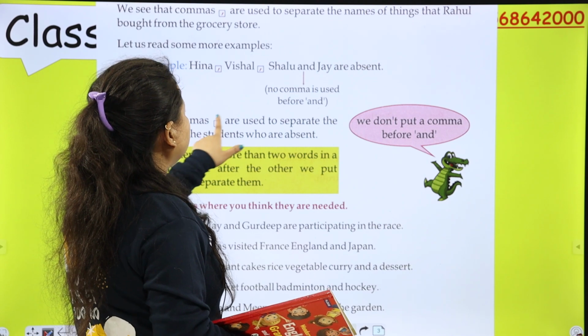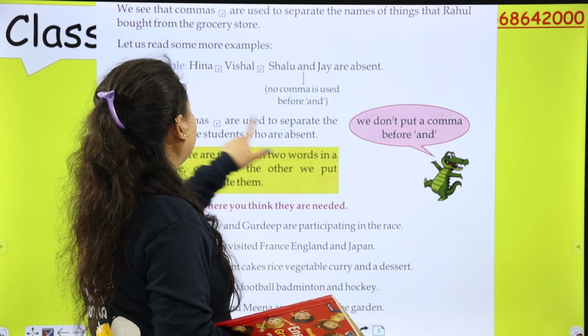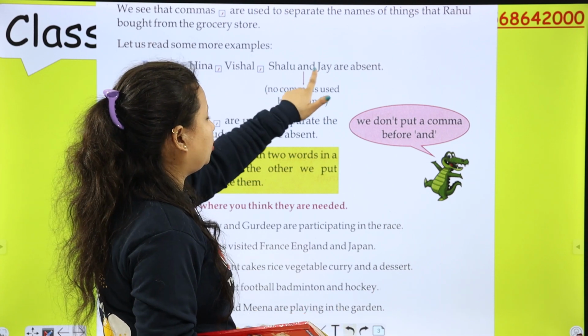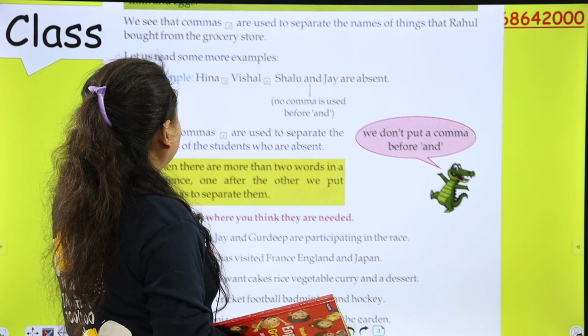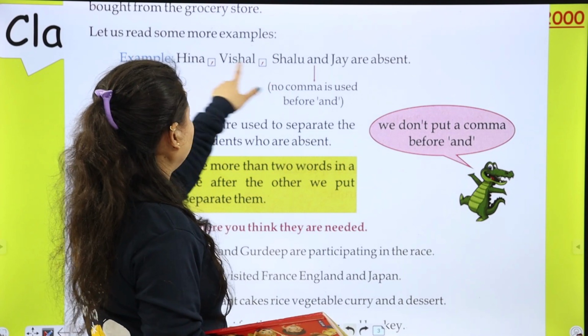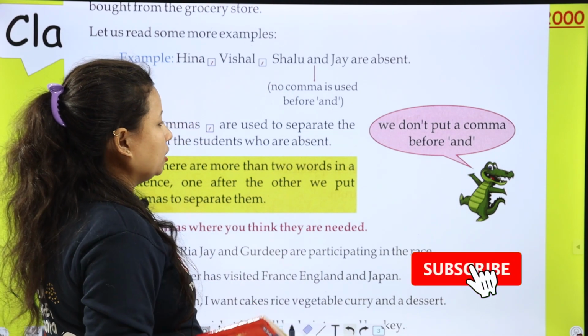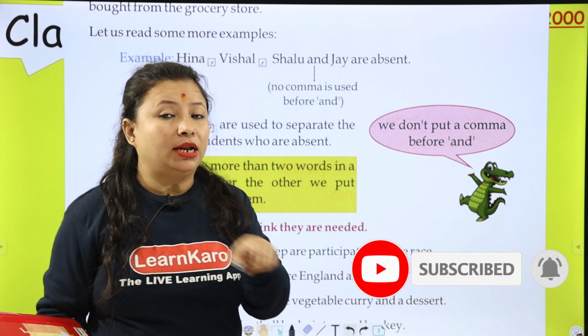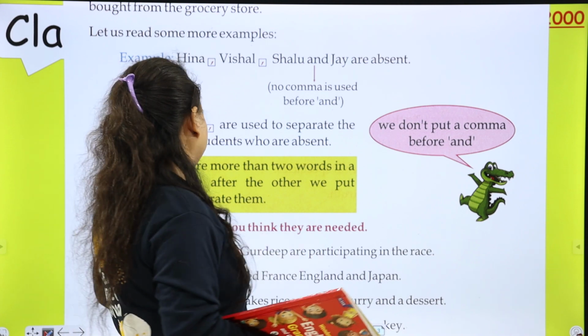Here commas are used to separate the names of the students who are absent. We don't put a comma before and. And से पहले comma का use नहीं होता.